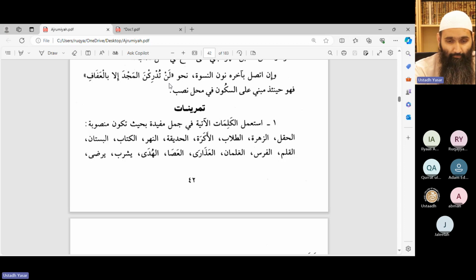Look here, lan tudrikna is fi'l mudari. Attached to the end of it is noon niswa, na. And this is why it is mabniyun ala sukoon. There's a sukoon on top of the kaf. He's speaking to a group of women and he's saying to them, you shall never gain glory except through chastity.